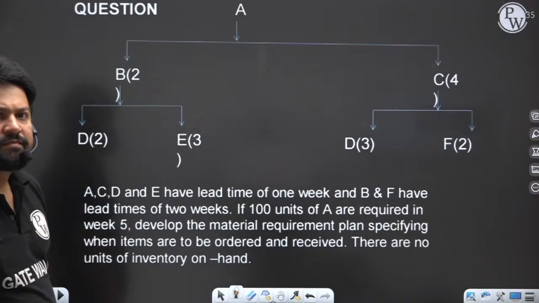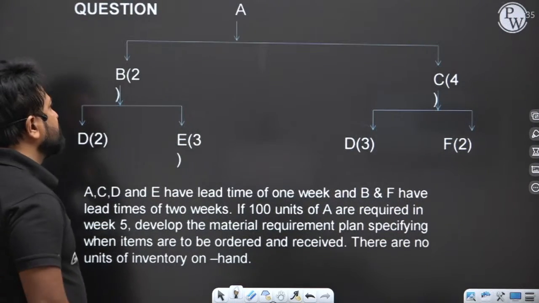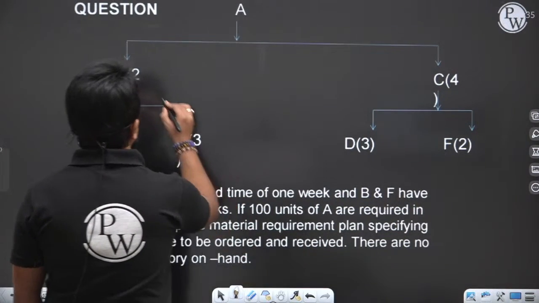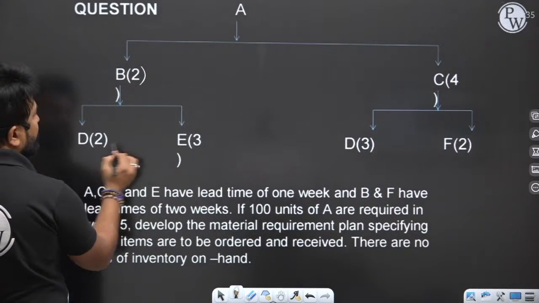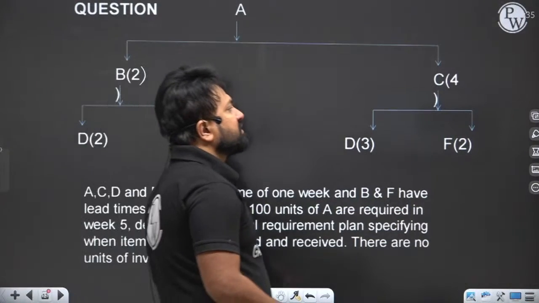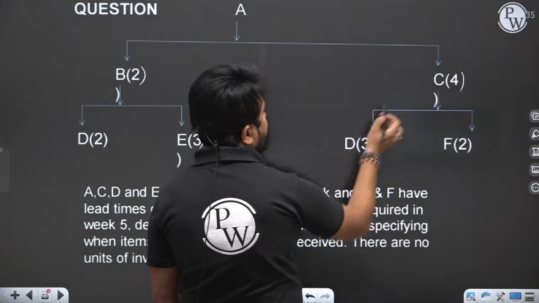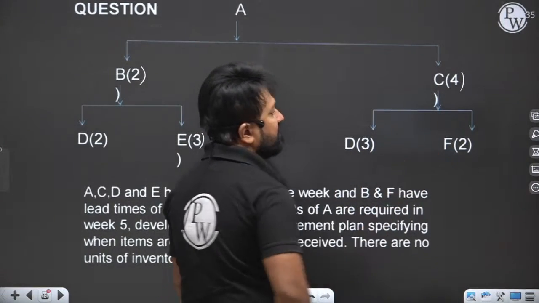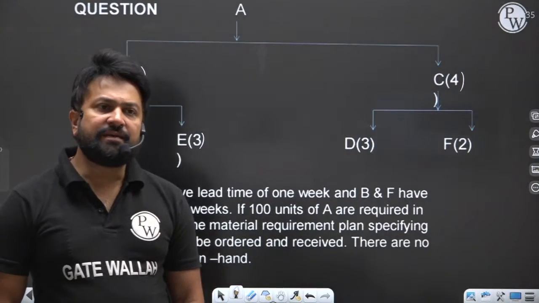Have you noted? What it says is that for A, we require 2 units of B. For B, we require 2 units of D and 3 units of E. For A, we require 4 units of C. And for C, we require 3 units of D and 2 units of F. Is that clear?